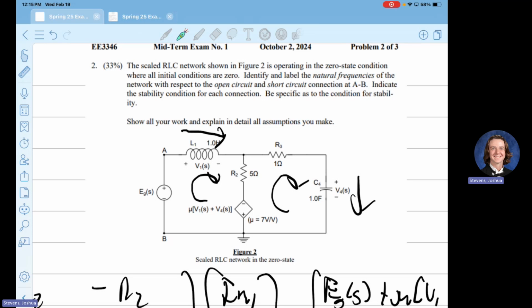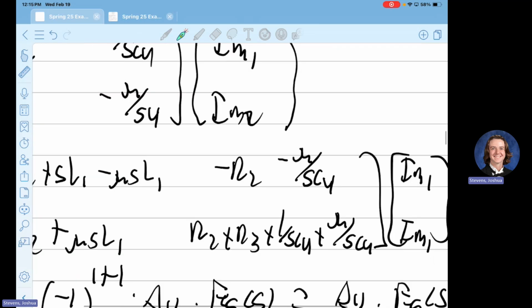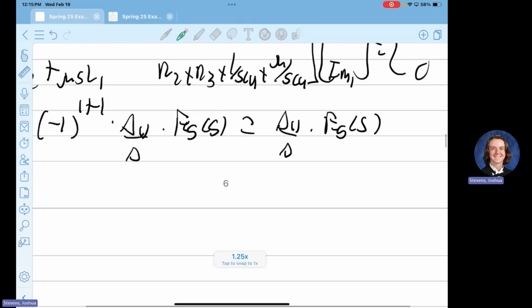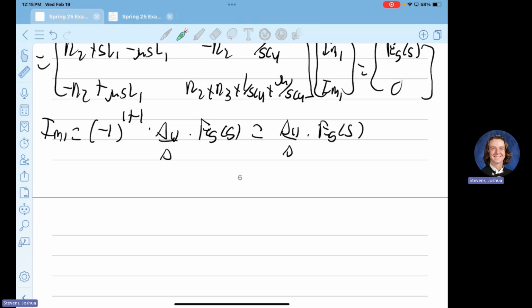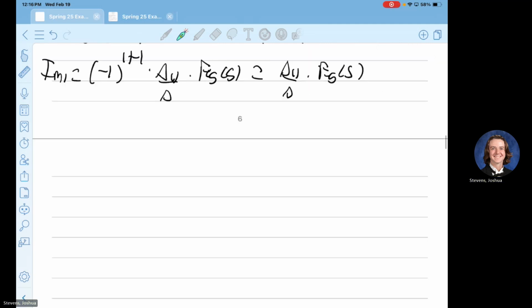So our reference is our independent source in mesh one, and what we're looking for is our current in mesh one. They're both in mesh one, so they're both one. All right.